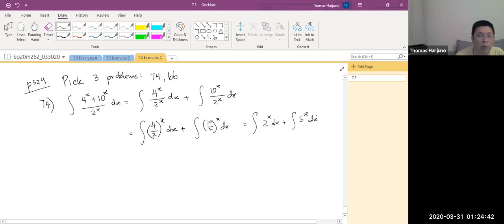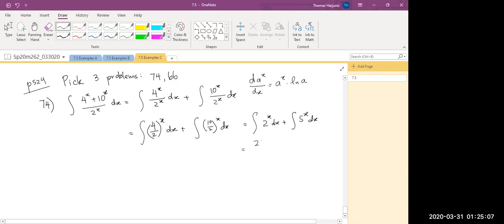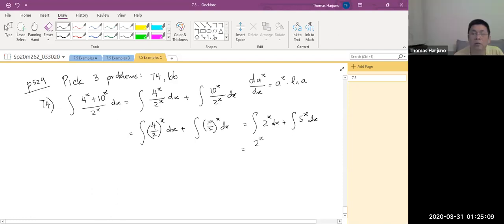Now I hope you remember how to do this. The derivative of a to the x with respect to x is itself times ln of the base. Now, if I go backward, then this is 1 over ln of 5.